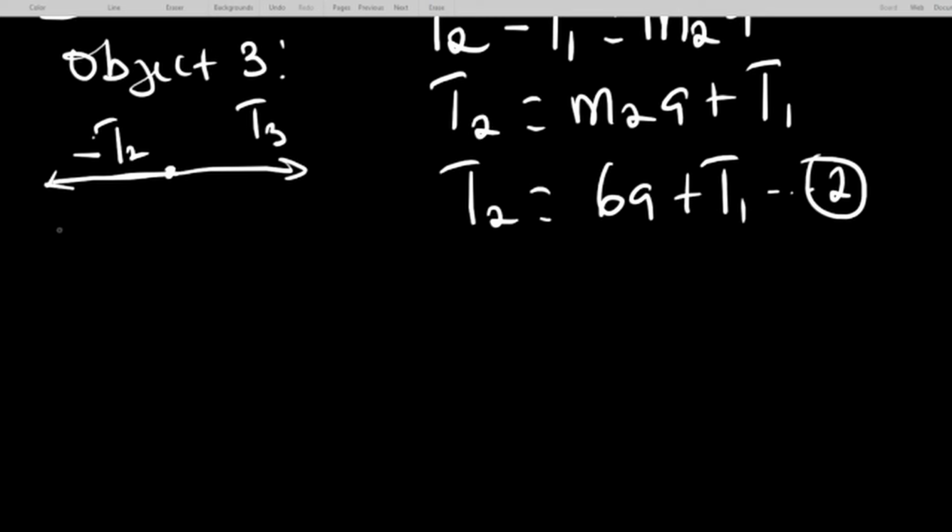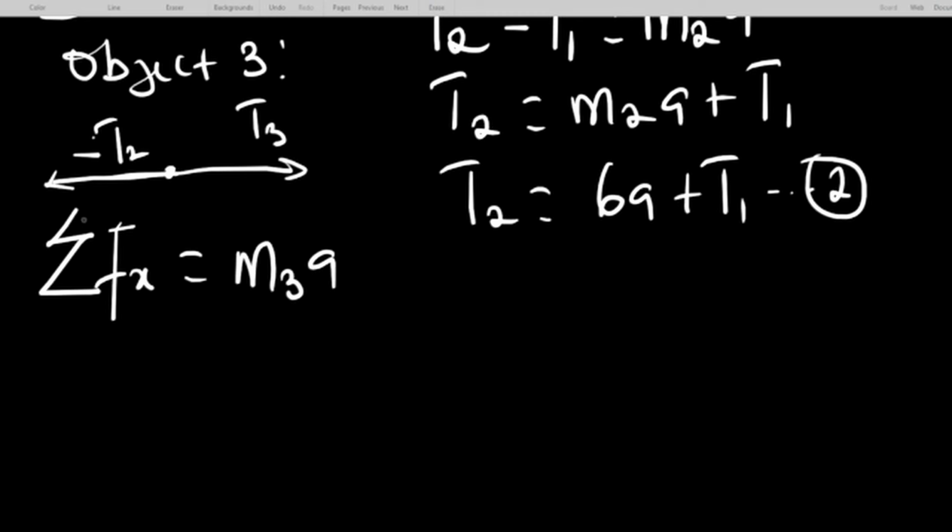So we write the equation and say summation of forces in the x direction for object 3 is equal to M3A. Again, the forces that are acting on M3 are T3 minus T2.